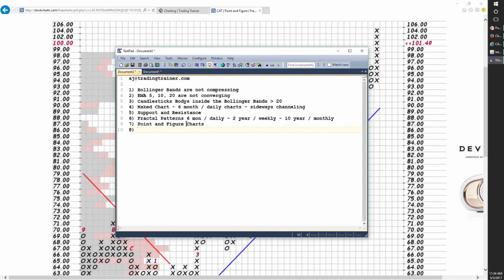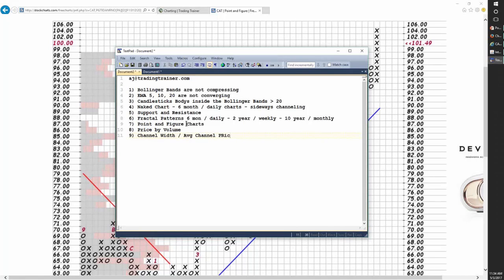So number 8 is price by volume. We want to see those levels of support and resistance play through here as well. Number 9, here's a mathematical one that I love to do, the mathematical test: channel width divided by average channel price.